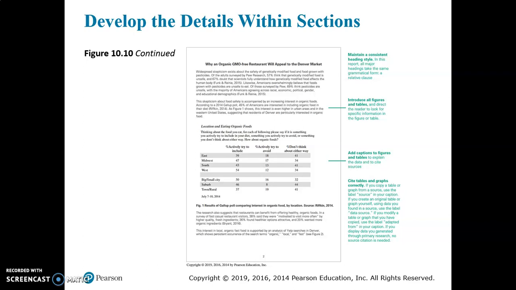Captions to figures and tables, as we see right there: these are the people who are eating organic foods by location. So it's a really good visual element to have, and it basically supports the section.